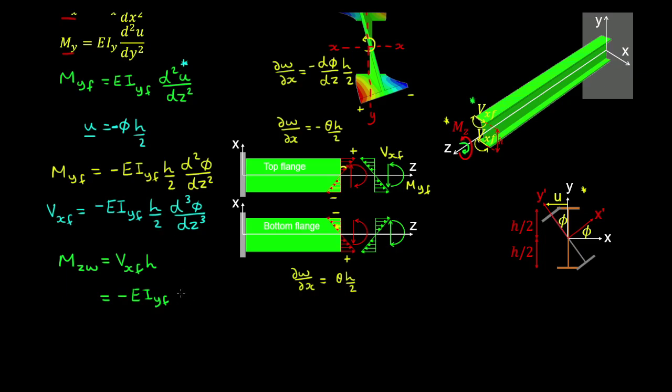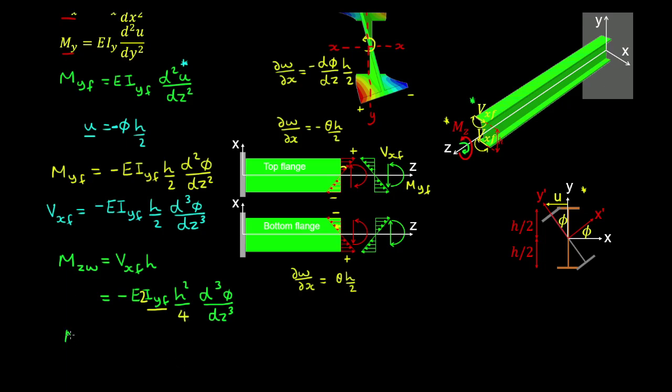So we have h squared on 2 by the third derivative of the angle of twist with respect to z. And what we can do is conveniently multiply the second moment of area about the minor axes for the top flange by 2, and then divide this equation by 2, which gives 4 in the denominator.